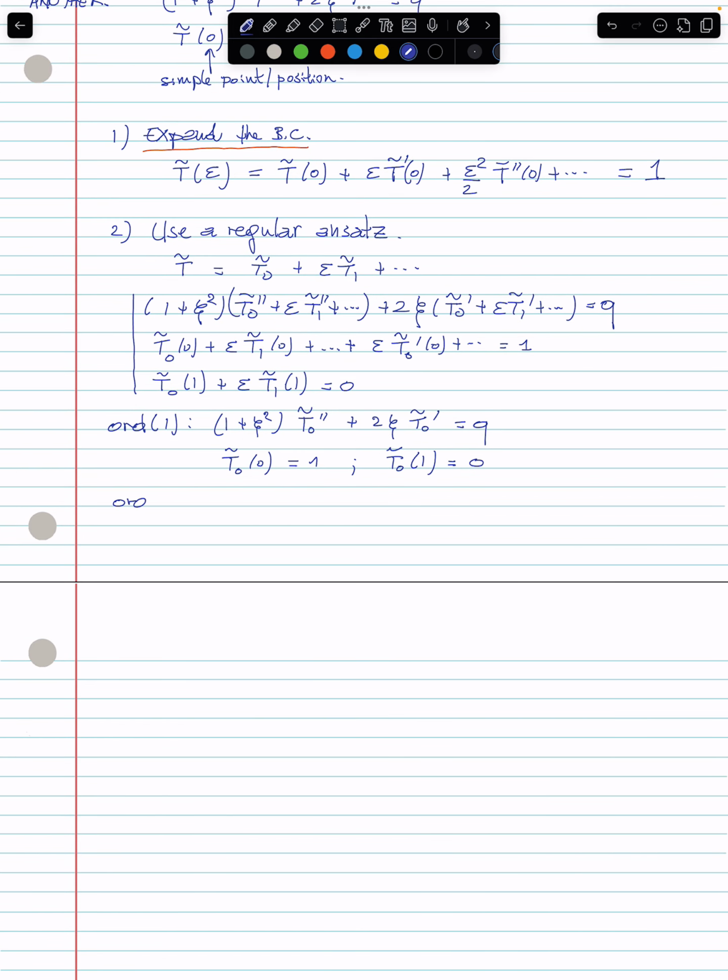And then the first correction: you see that because of linearity, we have exactly the same equation governing T1, especially on the left-hand side, because on the right-hand side we have 0. In some sense you can imagine that this is q plus 0 times epsilon, and we keep all the terms which have similar powers of epsilon left and right.